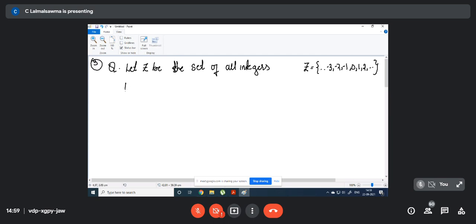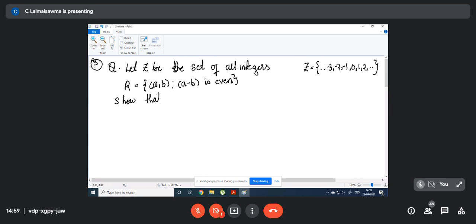So R is equal to, since the number of elements in Z is infinite, we cannot just write all the components of R, because we cannot write infinite elements. Here let's define R. The definition of R is the same as the previous question.